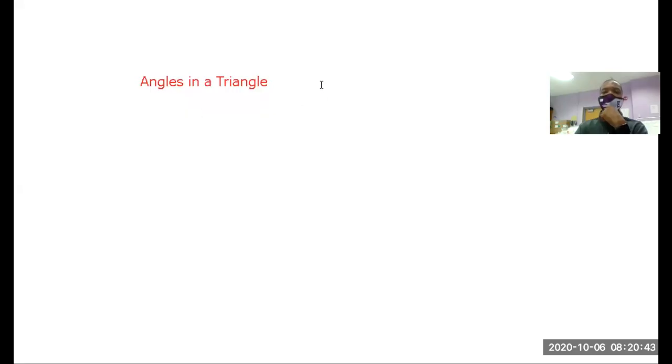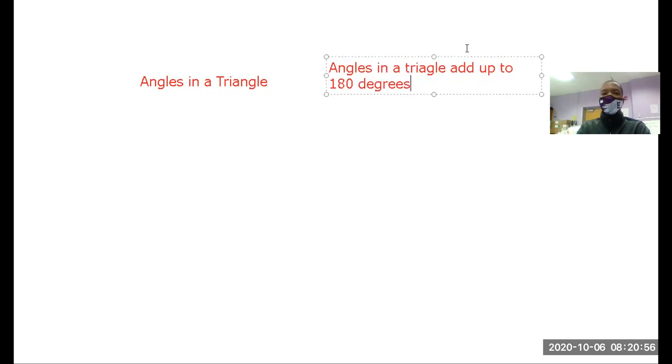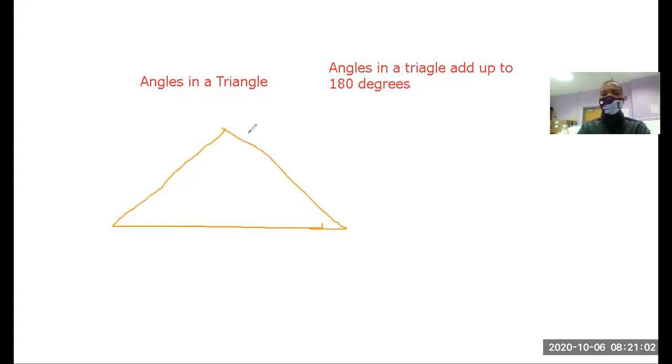Okay, so angles within a triangle: angles in a triangle add up to 180 degrees. All right, so it means if I have a triangle like this, and if I measure all these angles in here, when I add them up, it all equals 180 degrees.